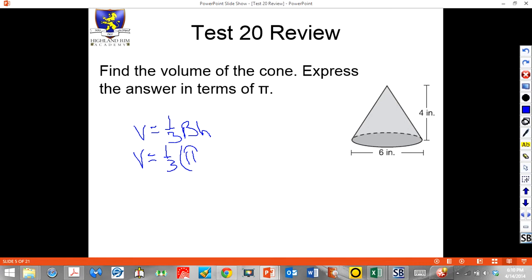Since the diameter is 6, the radius is half of that, so 3 squared times the height, which is 4 inches cubed. So the volume is 1/3 times 9 times 4 times pi, which is 12 pi inches cubed. You can work out the arithmetic and figure that out. So let's move on to the next one.